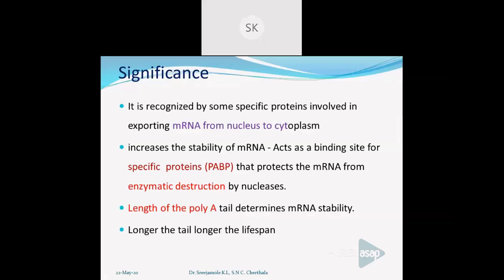The length of the poly A tail actually determines the stability of it. The longer the poly A tail is, the longer the lifespan of the mRNA. So that is the significance of poly A tail addition in mRNA.